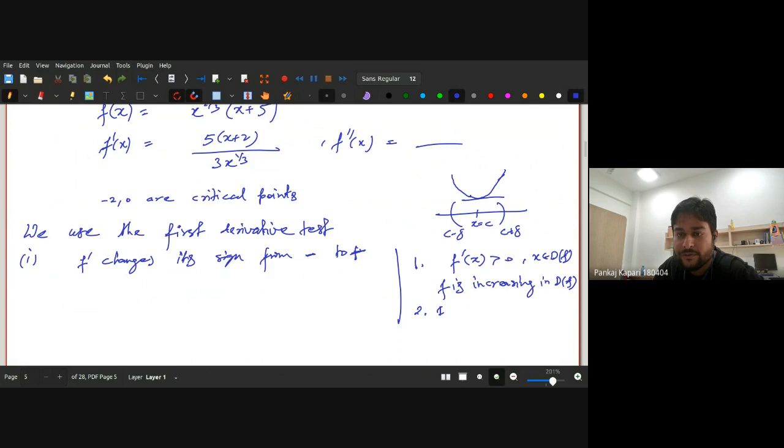And if the sign of the derivative is negative everywhere inside the domain, then f is decreasing.